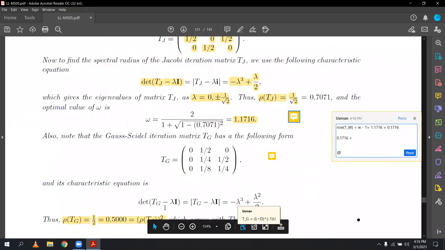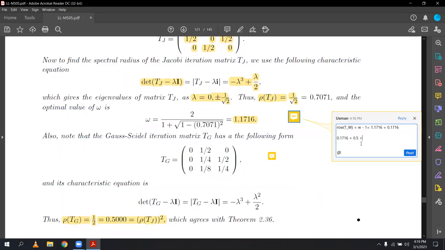And what is the Gauss-Seidel value we have? It is 0.5. And 0.5 is less than what? 0.7, I think, 0.7. And the smaller the value of rho of T, the faster the convergence of the method will be.